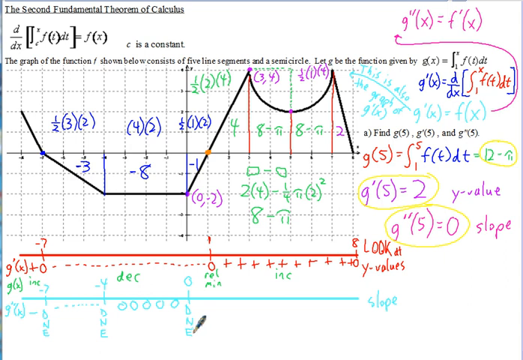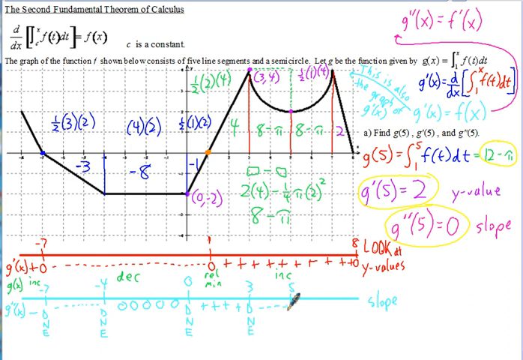And then the slope is positive until we get to 3. We have another corner there, so it does not exist. And the slope is negative until 5.